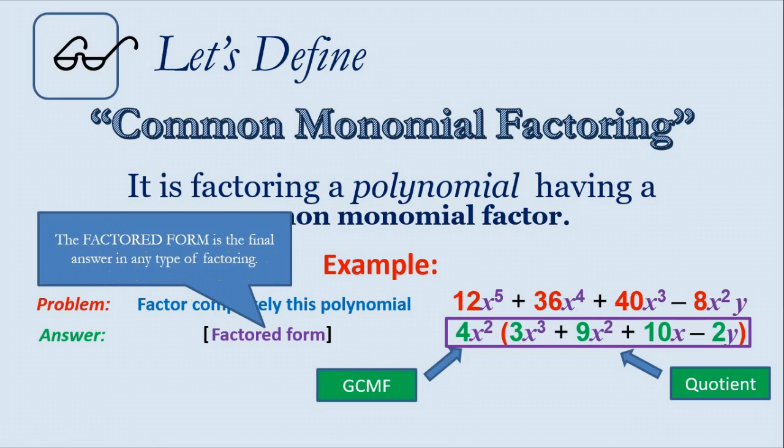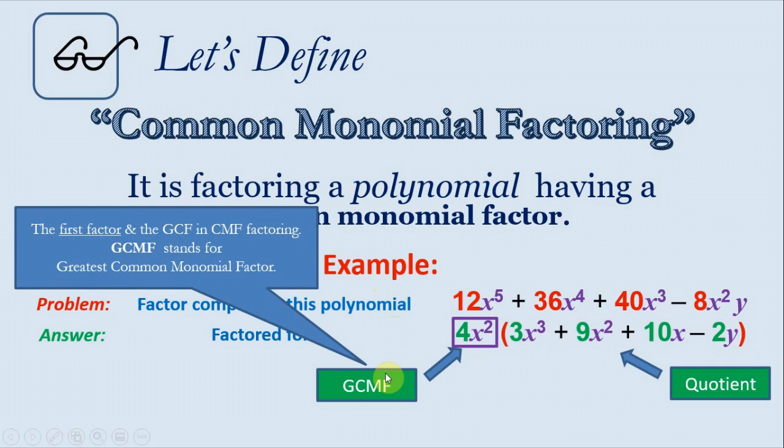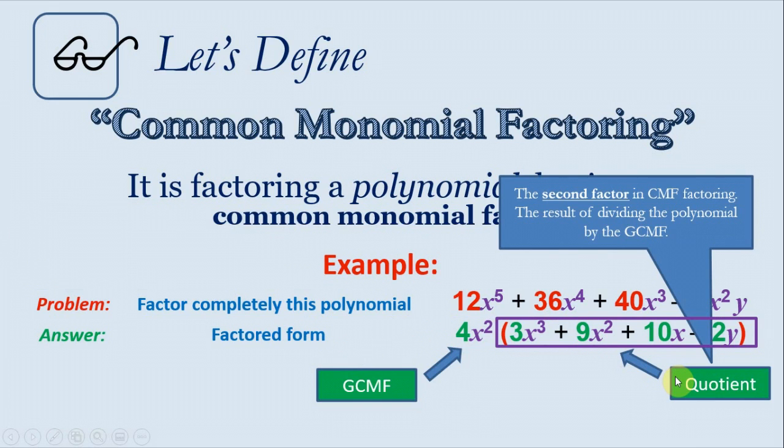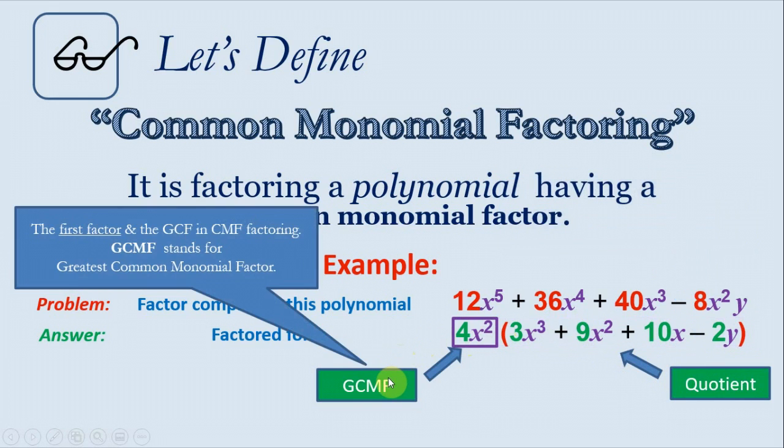Common monomial factoring is simply made up of two factors, the GCMF and the quotient. But what is GCMF? GCMF is the first factor in CMF or common monomial factoring. A GCMF is the GCF of a polynomial.